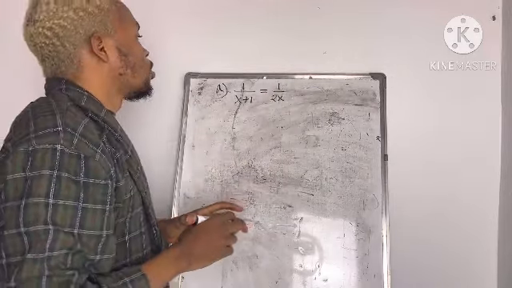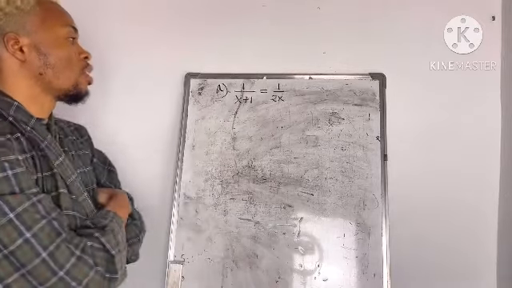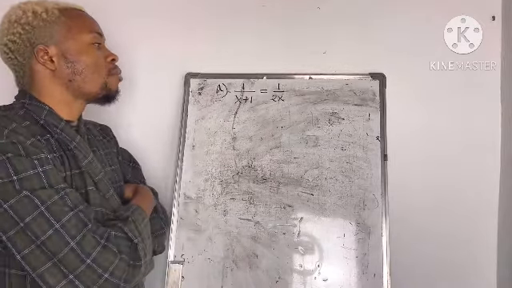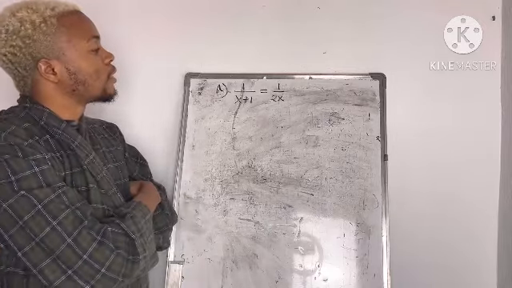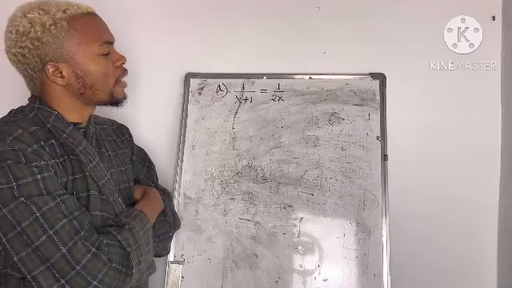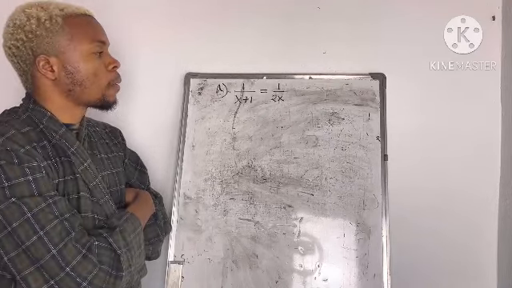Okay, so looking at this equation, we are being required to find the value of x. Finding the value of x there is an easy task for us to do.